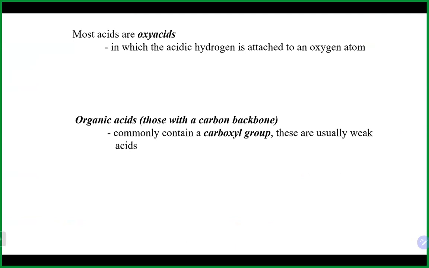All right, so most acids are oxyacids. Oxyacids, much like the name implies, are acids that contain oxygen. So our good friend acetic acid, which is a weak acid, or something like, say, nitric acid, which we've drawn before, I think maybe when we did some Lewis structures.